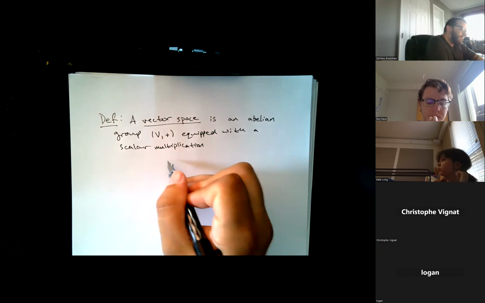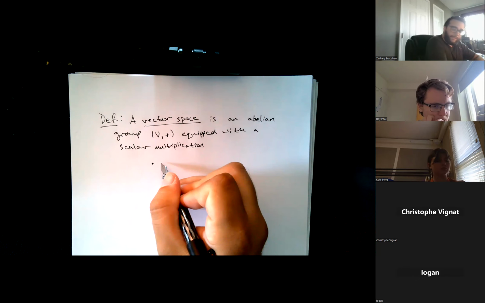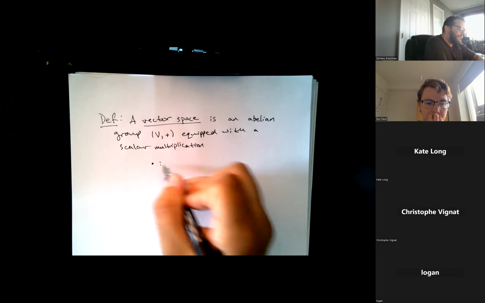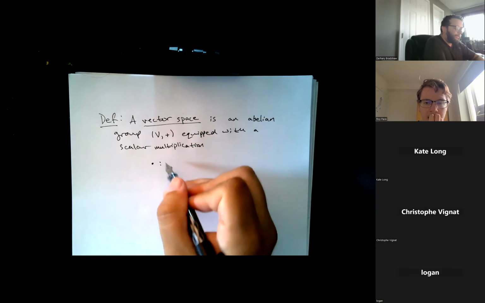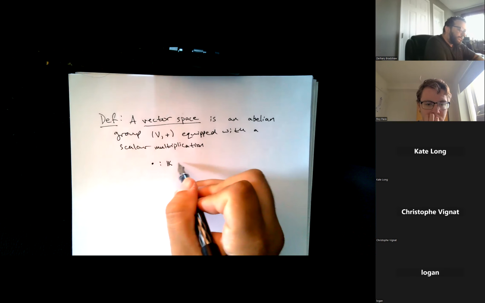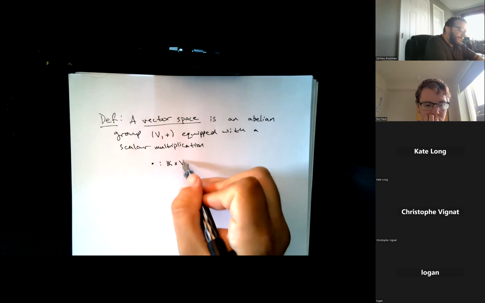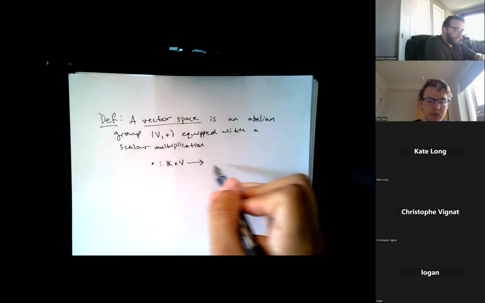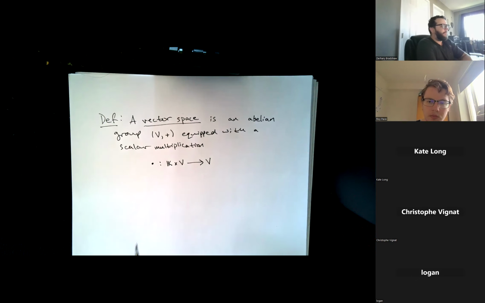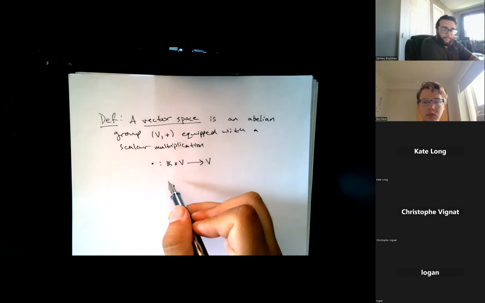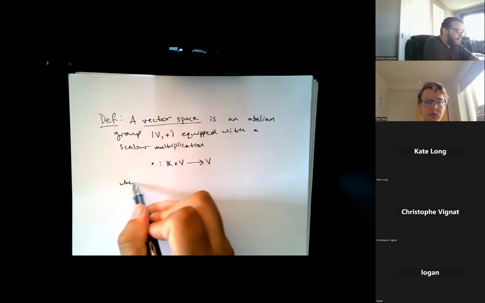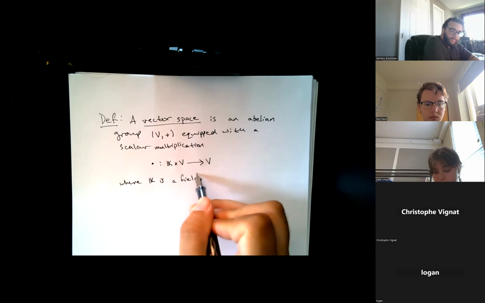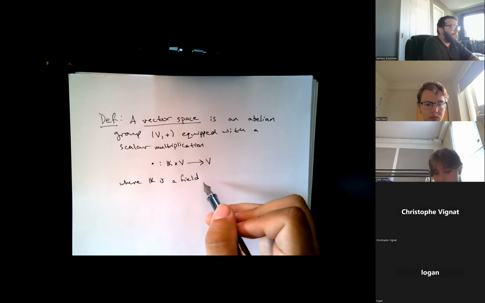And it's equipped with a scalar multiplication, which is a map, which I'll denote by this dot. This is going to look weird, but it goes from a field, which I'll call K, and a vector space, back to the vector space. Okay, so here K is a field, and we don't really need to know what a field is.